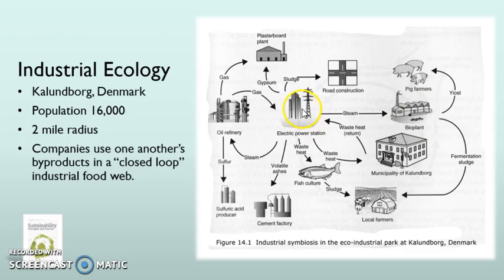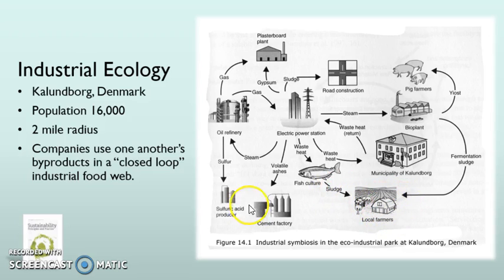For example, if you follow the arrows through the diagram, you'll see some unexpected relationships. So we'll start with this kind of interesting one, electrical power plants. Electrical power plants produce waste heat, and that waste heat, rather than just being let off into the air, is used in a controlled way to maintain the water temperature for a fish farm, so an aquaculture plant. And the waste from the fish is actually used as fertilizer for local farmers.